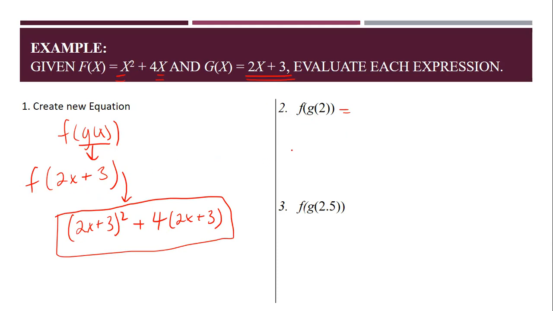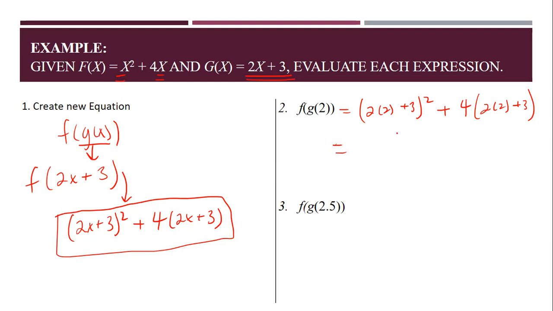So now when I evaluate, this is just going to be 2 times 2 plus 3 squared plus 4 times 2 times 2 plus 3. And now you're just going through PEMDAS. So we made one equation, and now we're gonna apply it multiple times.